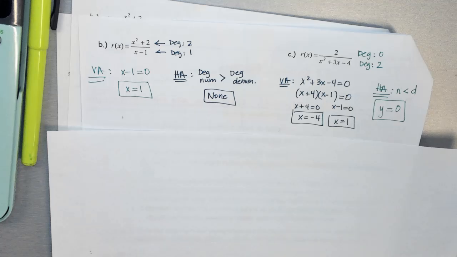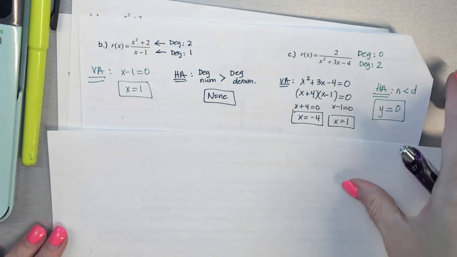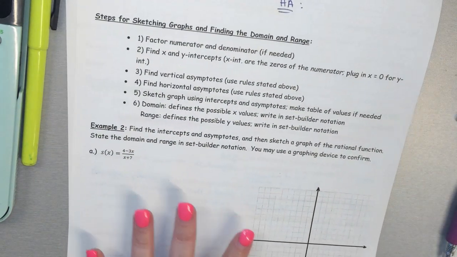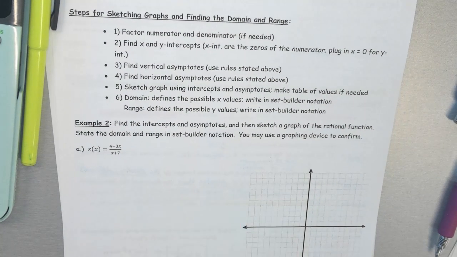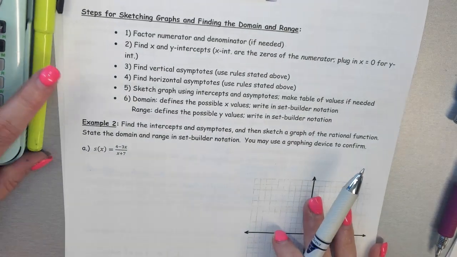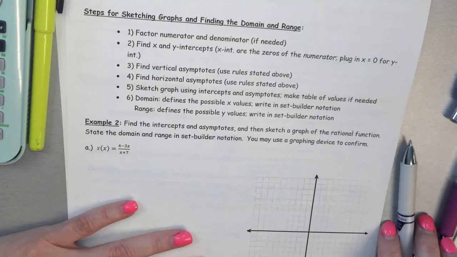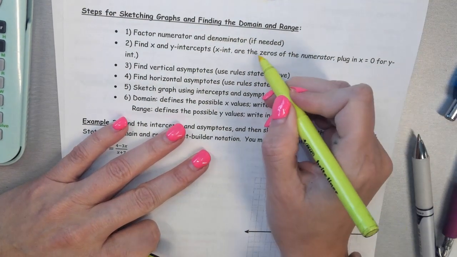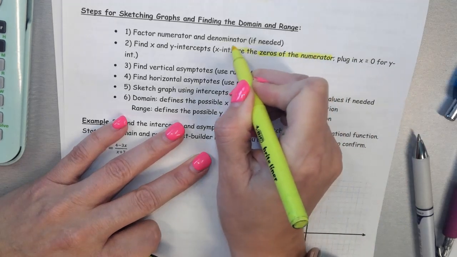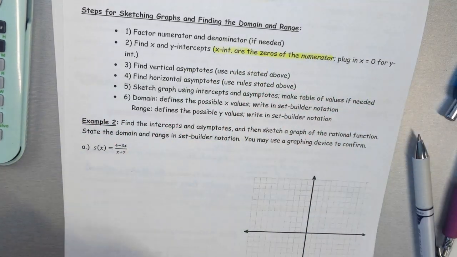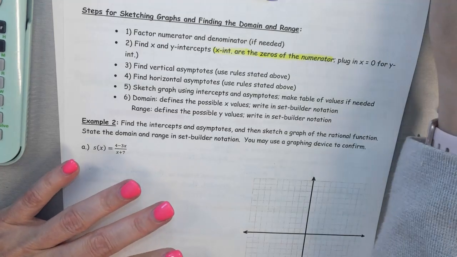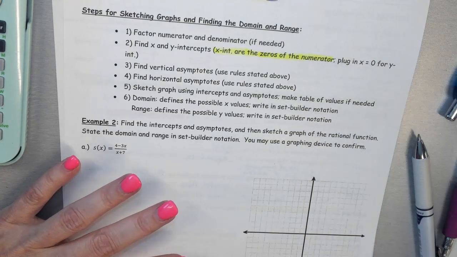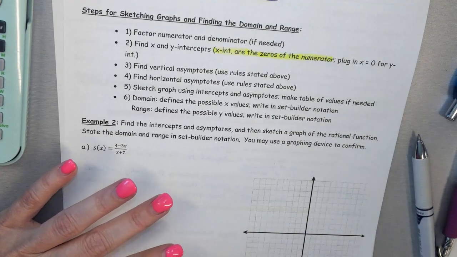All right, let's review our steps for sketching the graph and finding the domain and the range. So the first thing we're going to do is factor the numerator and denominator if you need to. Then we're going to find the x and y intercepts. X-intercepts are zeros of the numerator, and when you are finding your y-intercept, you can just plug in 0 for the x value.